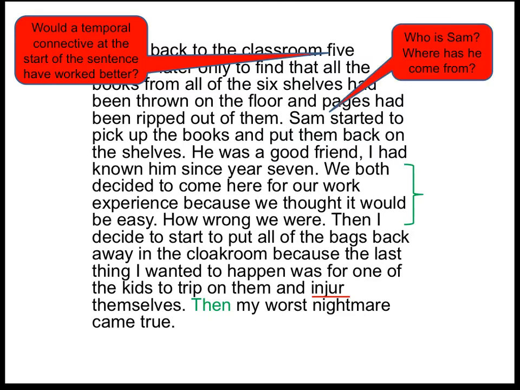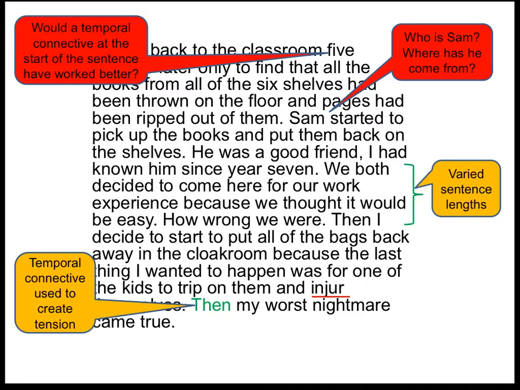In the next sentence, we're introduced to this character of Sam, and it's the first time we've had any reference to this particular character. So who is Sam and where has he come from? There isn't a great deal of characterisation related to that particular character. As the paragraph progresses, we do have this variation of sentences. So where we both decided to come here for our work experience because we thought it would be easy, how wrong we were.